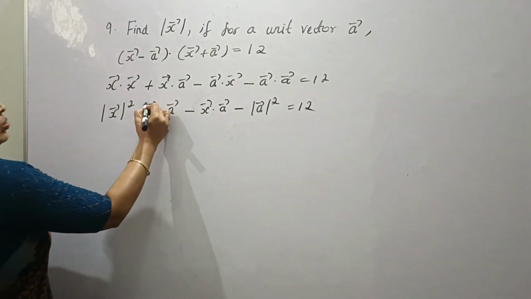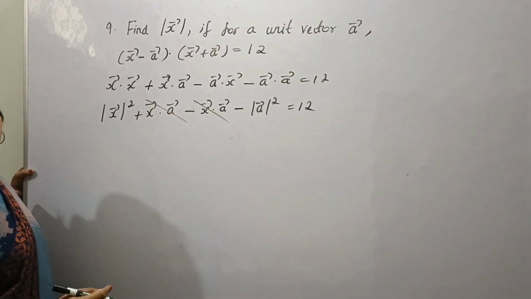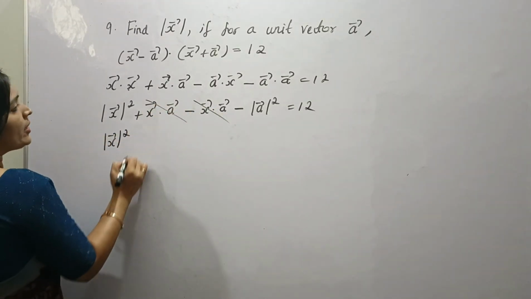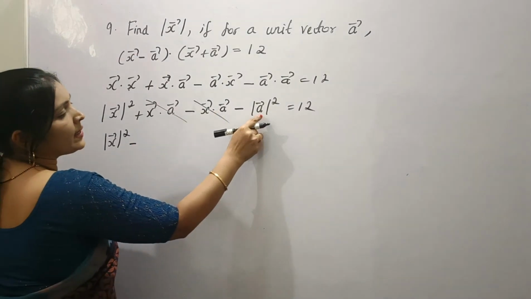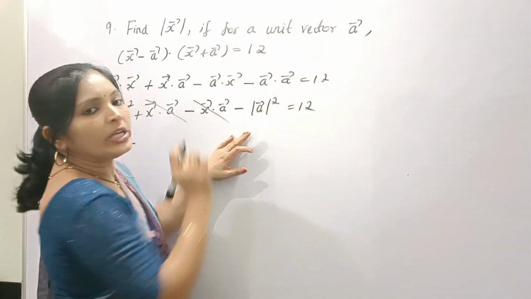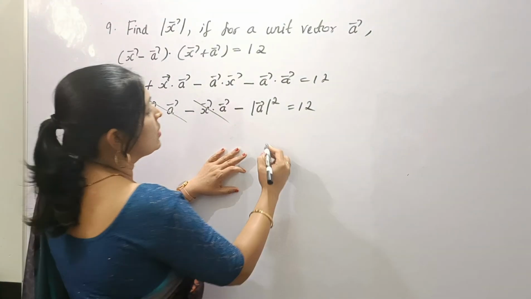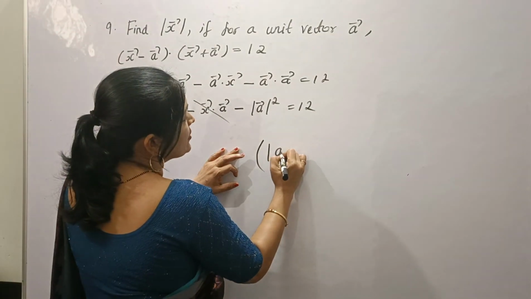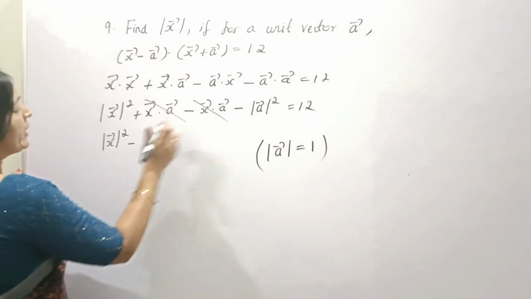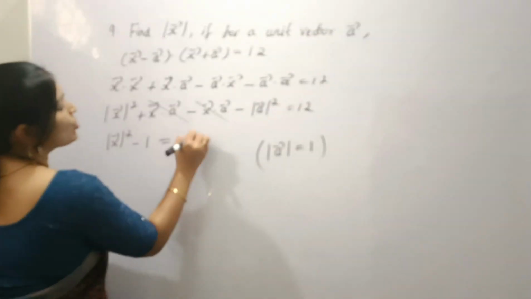Now these are cancelled. Then modulus vector x square minus, here it is given vector A is a unit vector, therefore modulus vector A is equal to 1. Therefore modulus vector x square minus 1 is equal to 12.